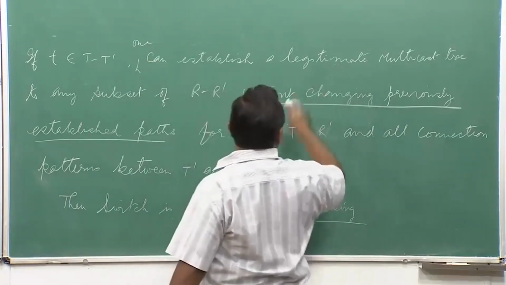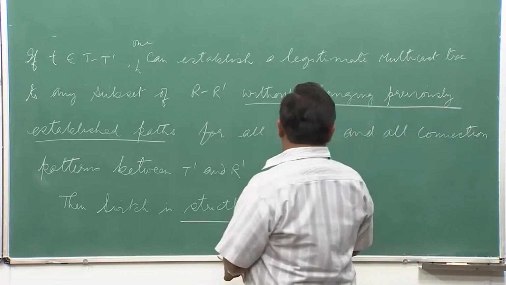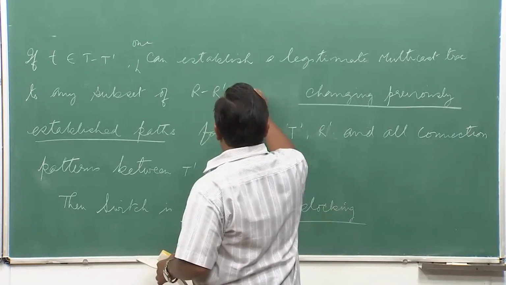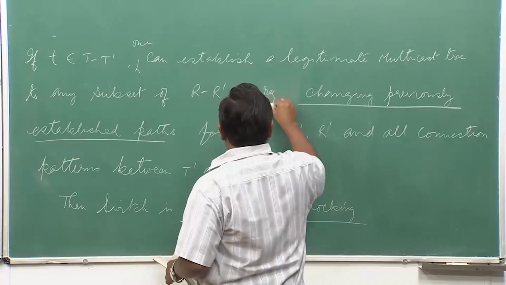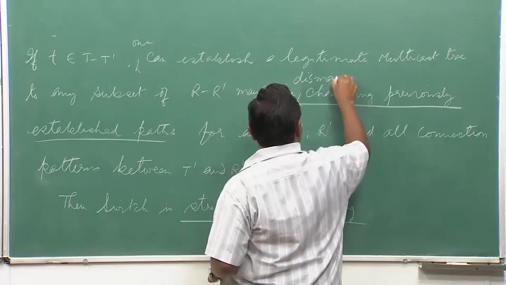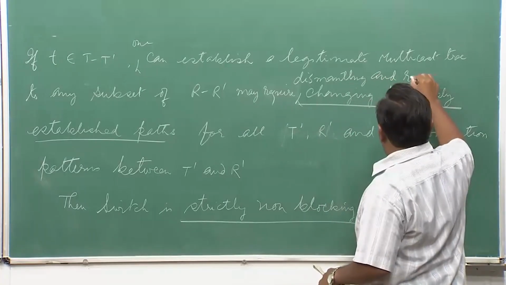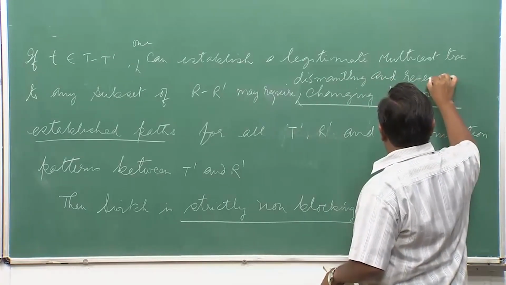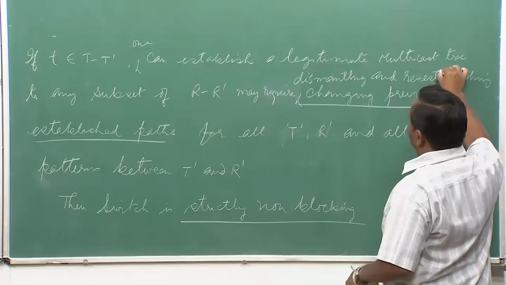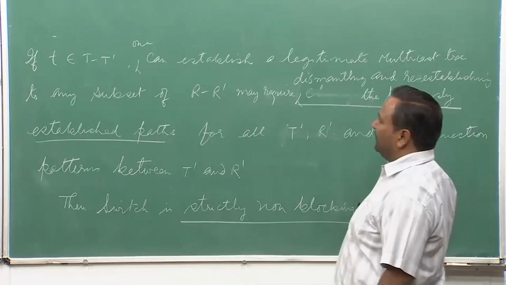One can establish a legitimate multicast tree to any subset of R minus R prime, may require dismantling and re-establishing the previously established paths.